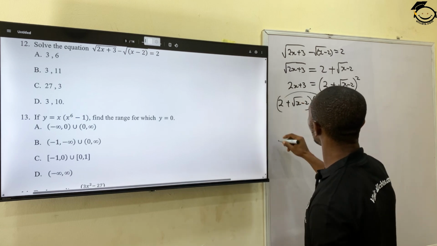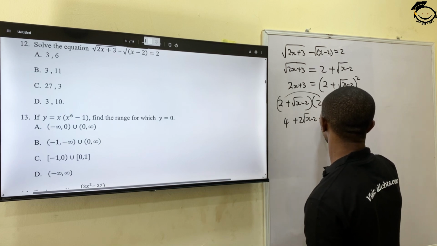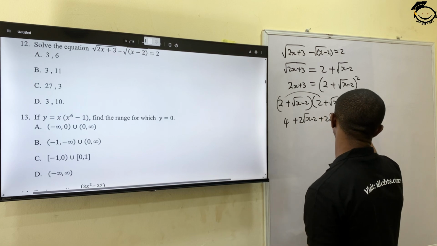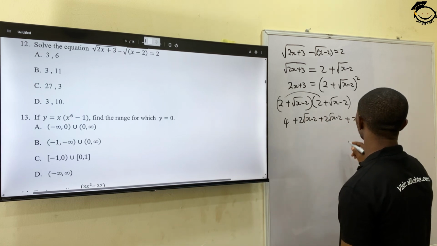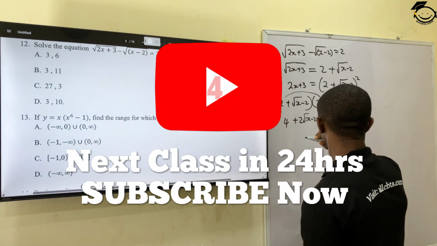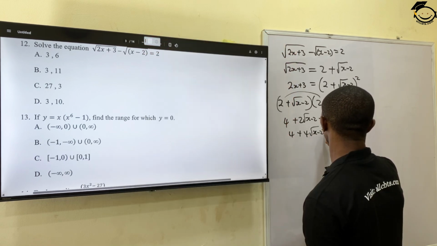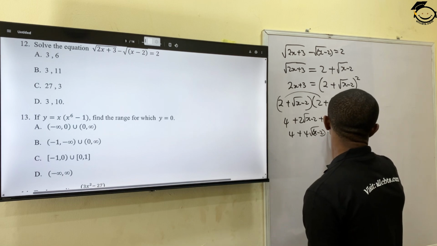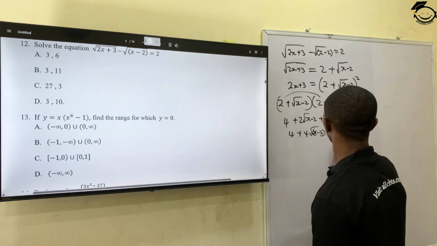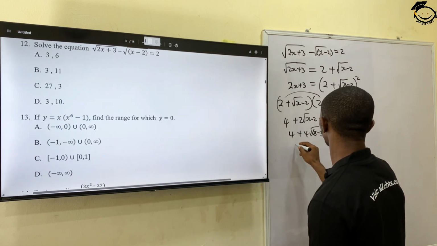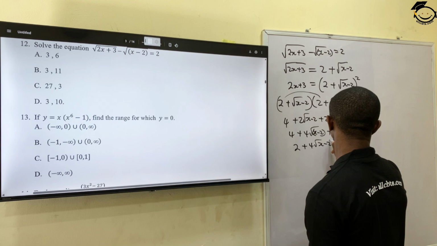So this and this will give us 4 plus 2 root x minus 2 plus 2 root x minus 2 plus x minus 2. This gives us 4 plus 4 root x minus 2 plus x minus 2, which leaves us with 2 plus 4 root x minus 2 plus x.